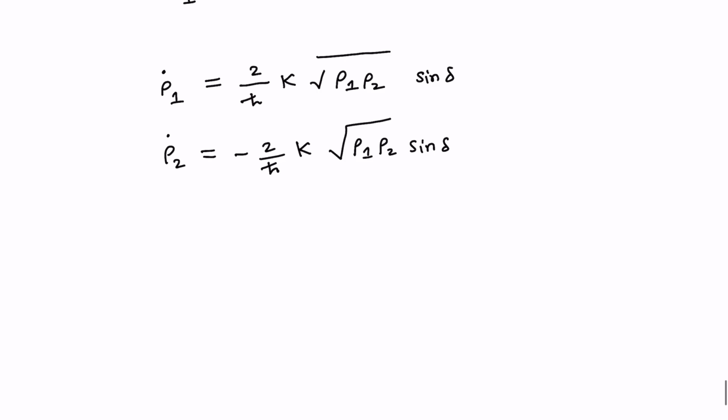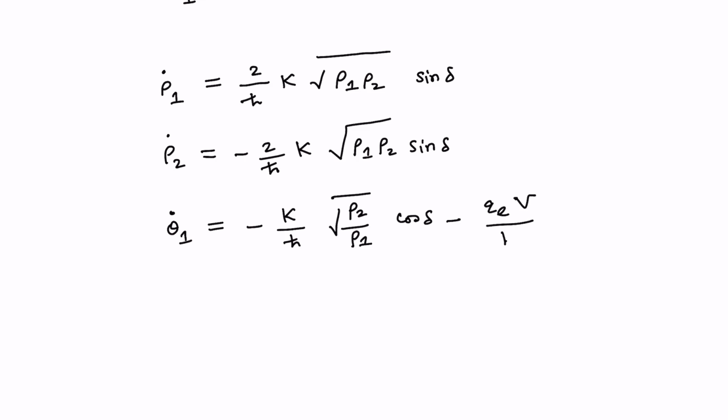And similarly for the time evolution of the phase in the first superconductor, theta 1 dot is equal to minus k by h bar square root of rho 2 by rho 1 cos delta minus qE V by h bar.